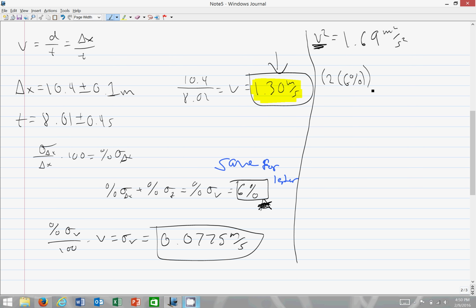And I'm going to do the formula like I have here: 2 times my 6% divided by 100 times my v squared, 1.69 meters squared per second squared. And I find that my answer is plus or minus 0.201 meters squared per second squared.